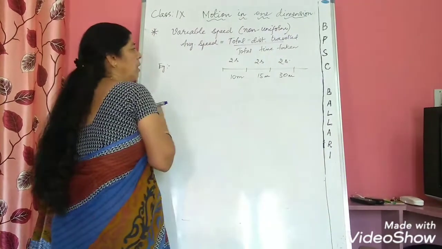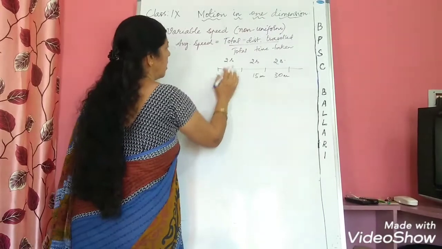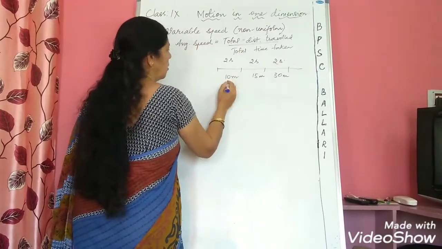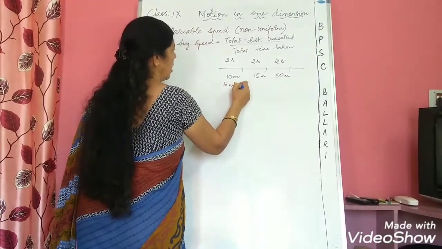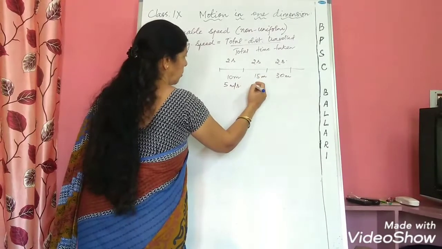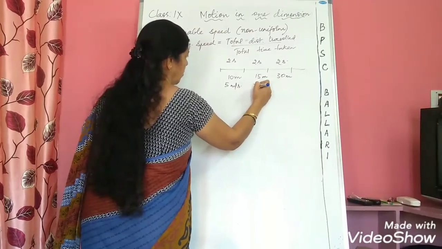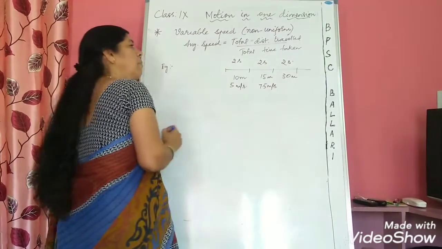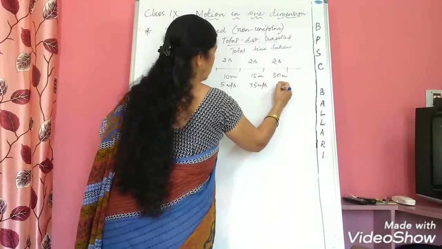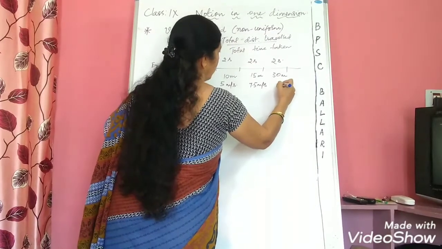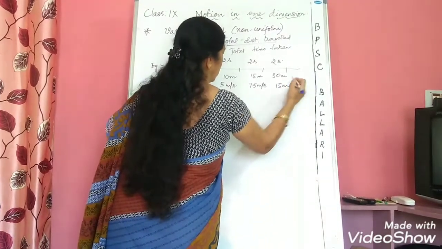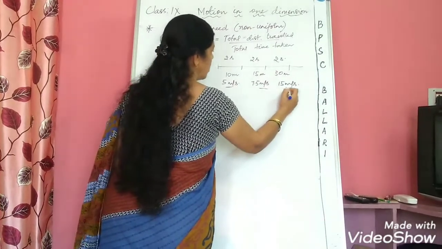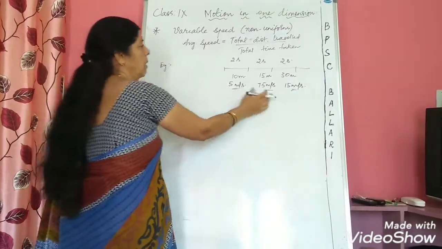Then every time if you calculate the speed, speed is distance by time. 10 by 2 will be 5 meter per second. 15 by 2 is 7.5 meter per second, and 30 meters by 2 seconds will be 15 meter per second. Now here you can observe that the speed is changing. It is a variable speed.